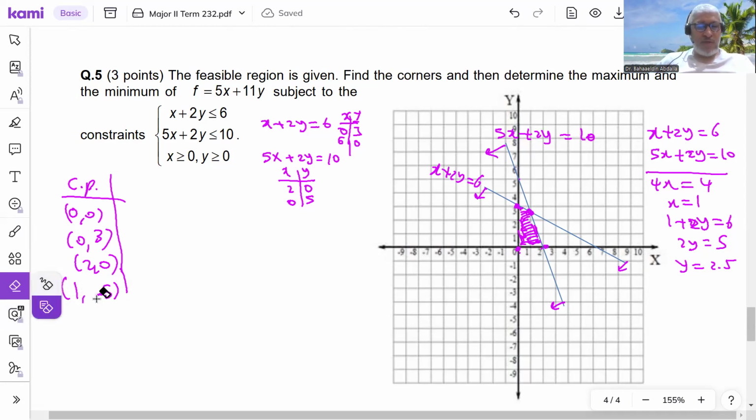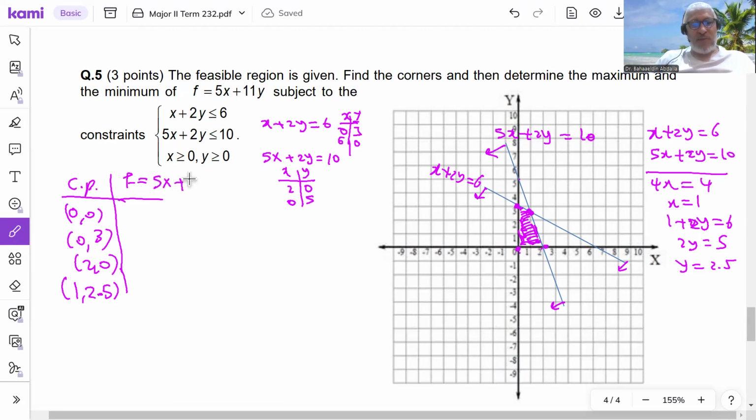I solved the question from the beginning, okay? But everything was clear from the graph. If you just use the graph and write the corner points from the graph, that would be fine in this case. F is 5x plus 11y. But I wanted to make sure that my answer is correct.